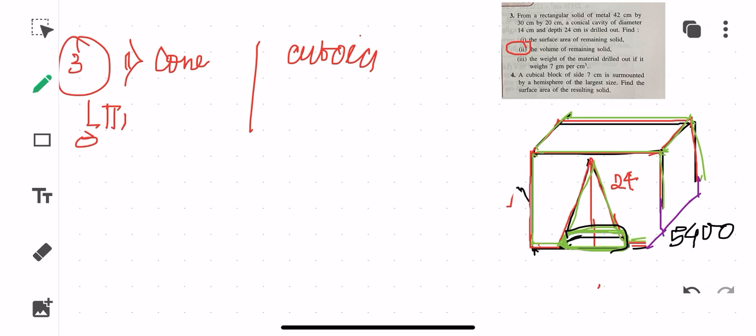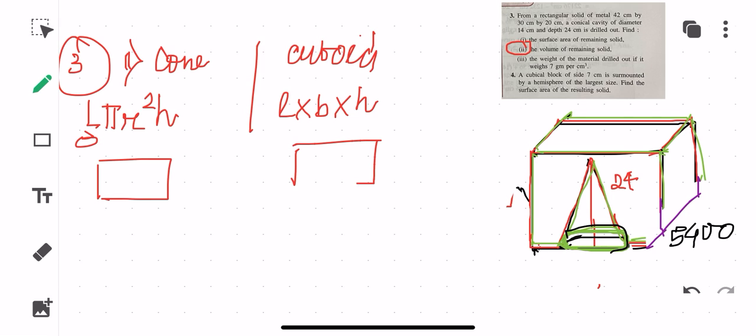So you have all the values, you can just take them, and for cuboid it is L into B into H. So you can just find out the volume of cuboid. So the volume of the remaining solid will be equal to volume of cuboid minus volume of cone. Okay, so this way you can do.